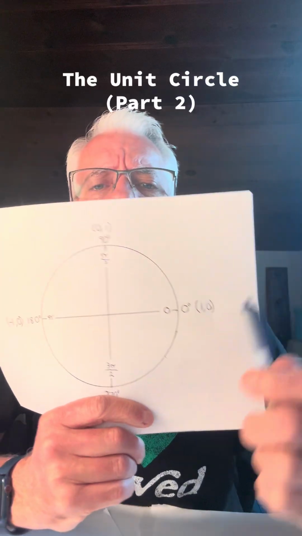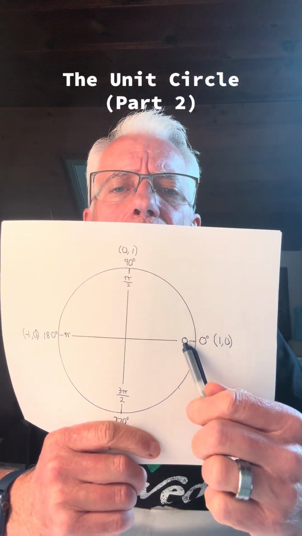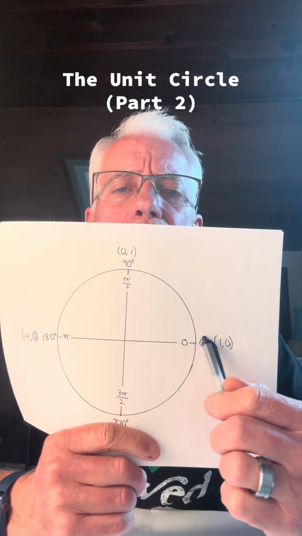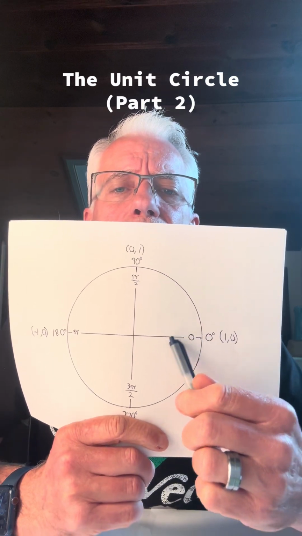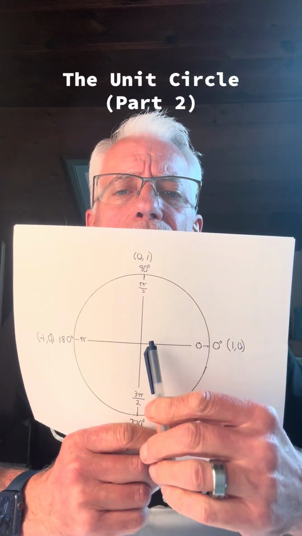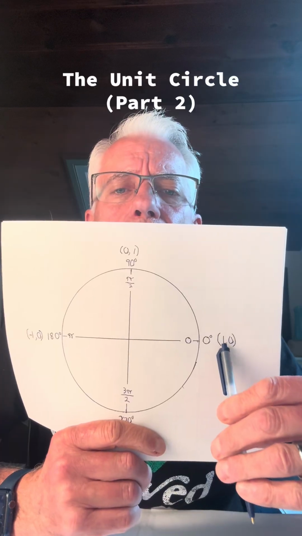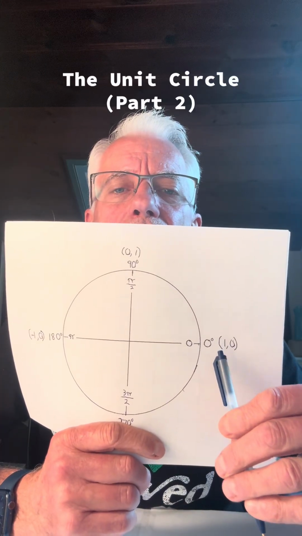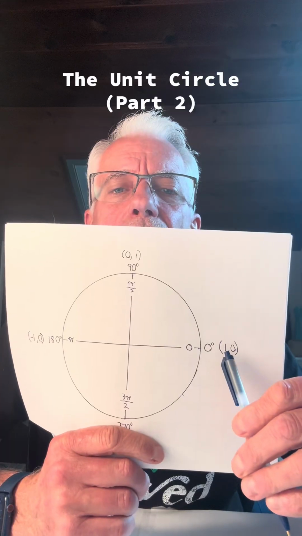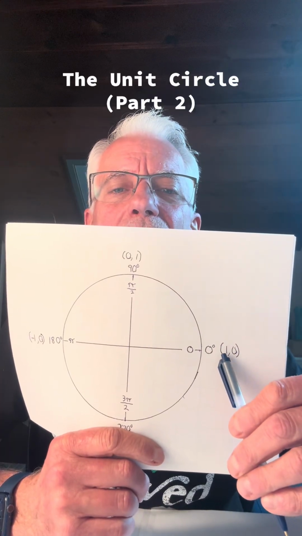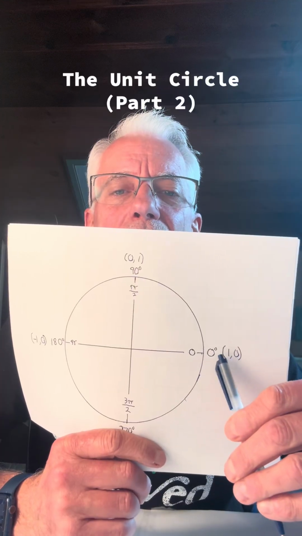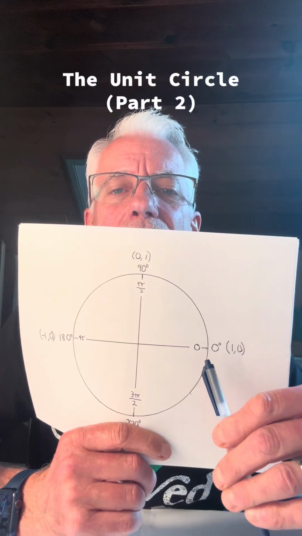Sorry, it's 0 degrees and 0 radians. My bad, you guys. I'm doing radians on the inside. Remember, if it's 1 unit, then this is over 1 up 0. So the ordered pair is 1 comma 0. Remember, cosine comma sine. The cosine of 0 is 1. The sine of 0 is 0.